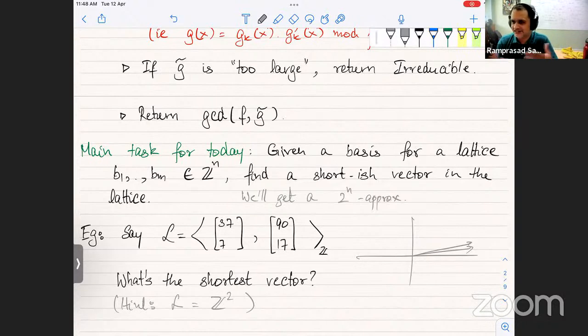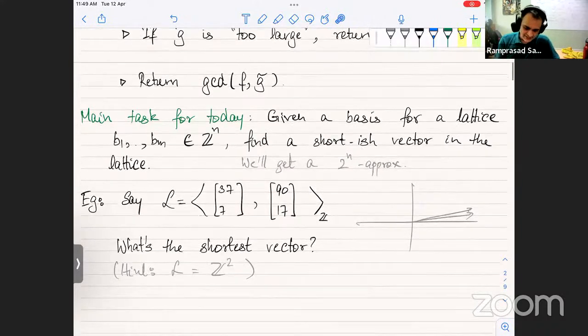In fact, the lattice is exactly that. Therefore, the shortest vector is just E1 or E2, the standard elementary basis vectors. And notice, I can set this up such that the numbers here can be ridiculously large, but nevertheless, we can always do something of this.